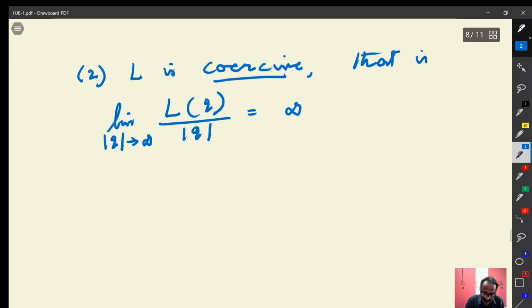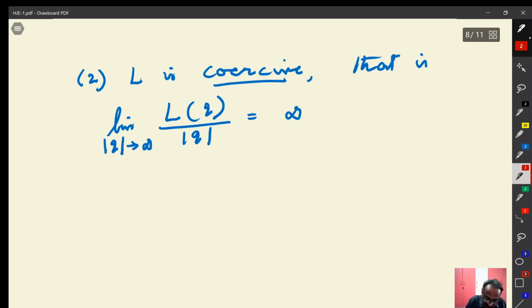See, as mod q tends to infinity, the denominator goes to infinity, but L of q should grow more than linear. If L of q is linear, then L of q by mod q will not go to infinity. So that means L has superlinear growth.